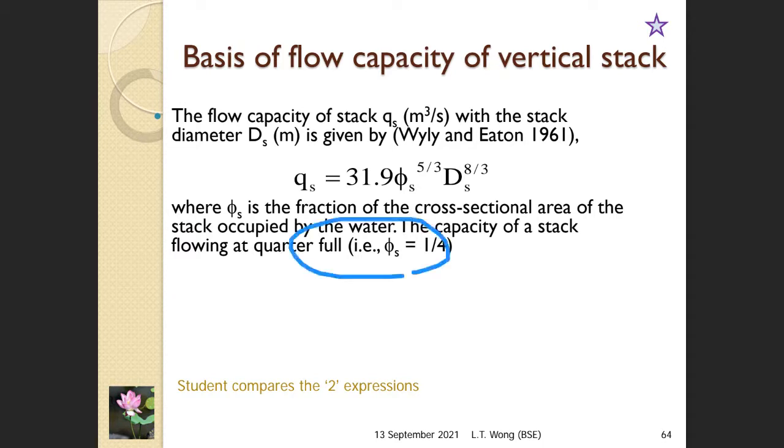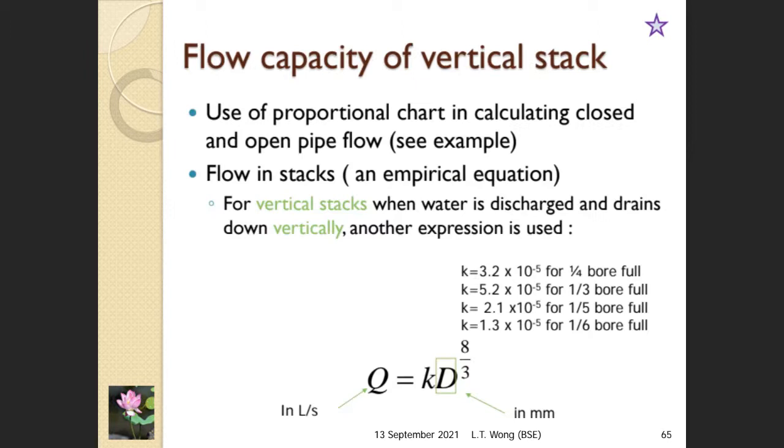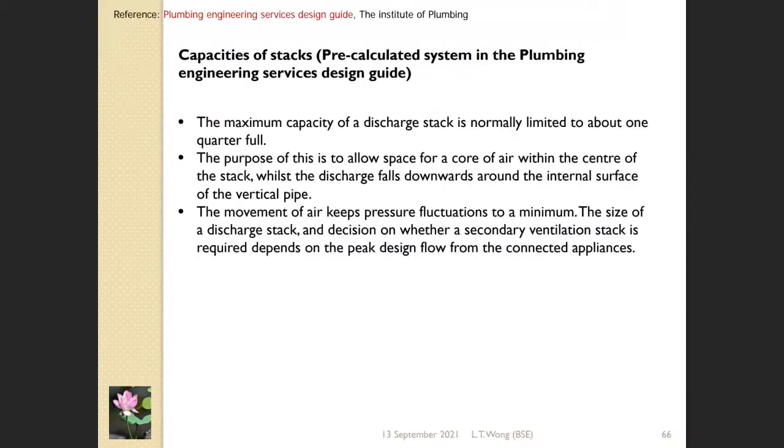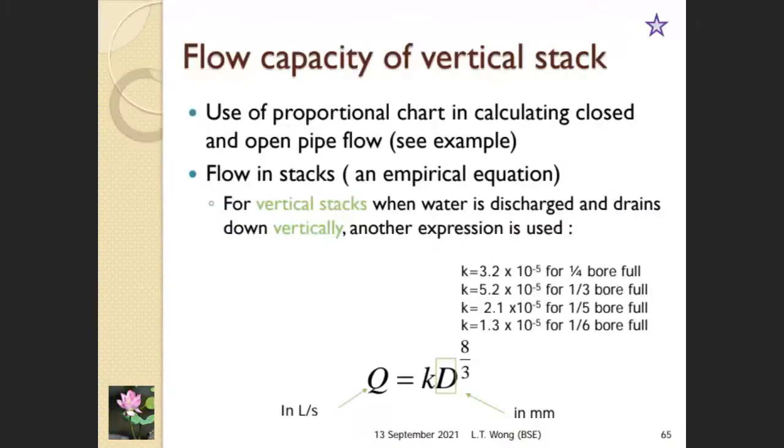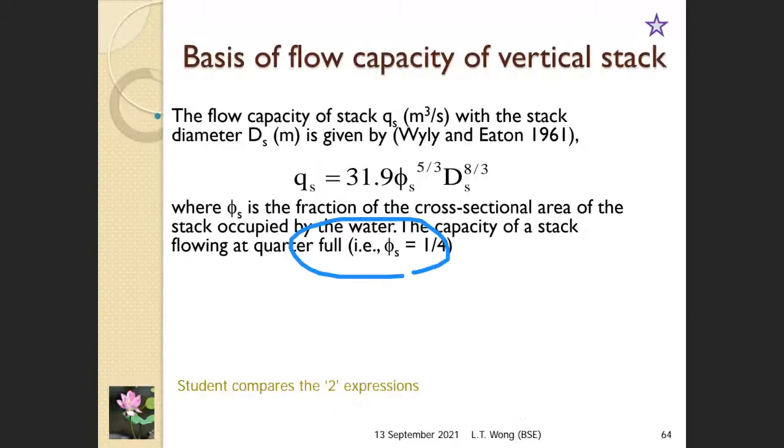Quarter full flow, we don't have a figure for that. Quarter full flow means the stack will not be filled up entirely with water. We allow some air core inside, because once the water flows into the stack, the effluent will adhere to the wall of the stack and form a so-called annular flow.